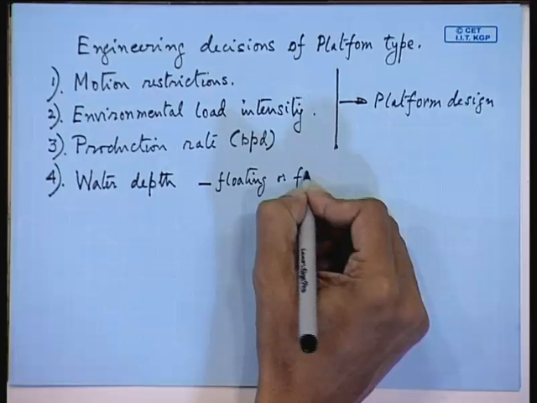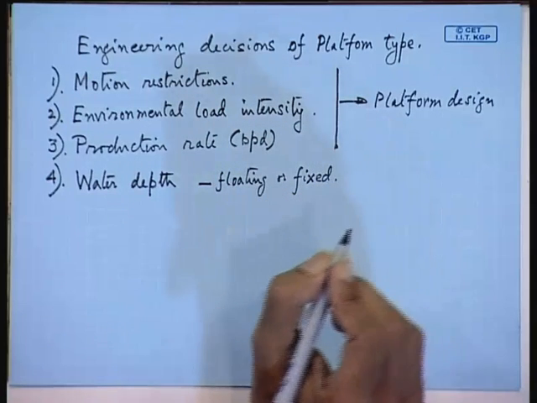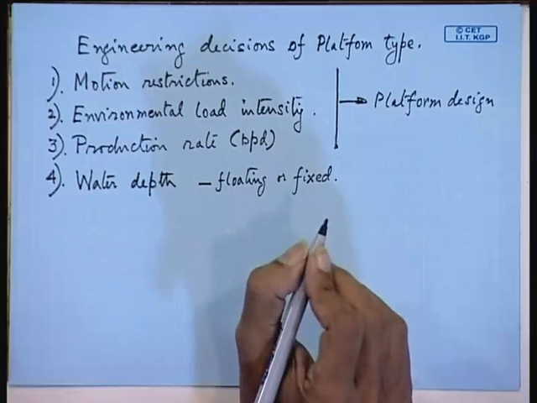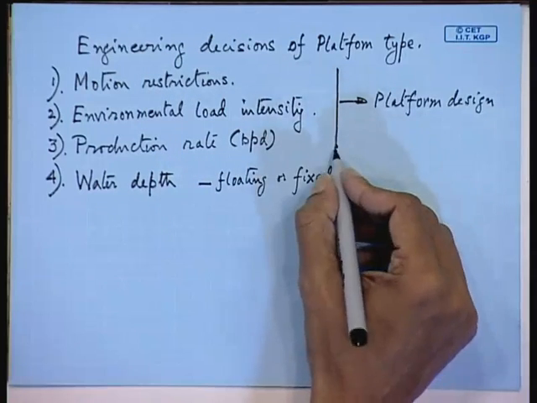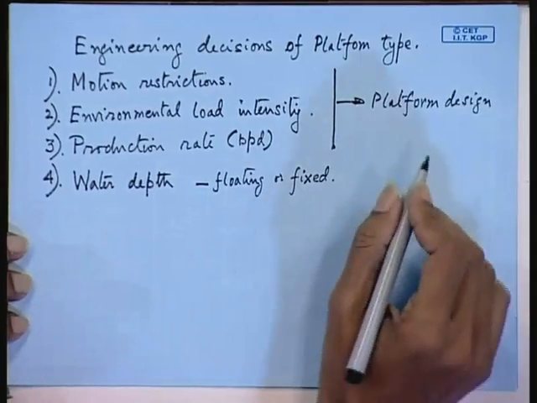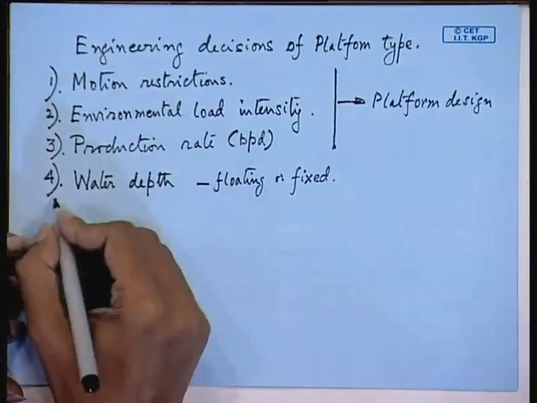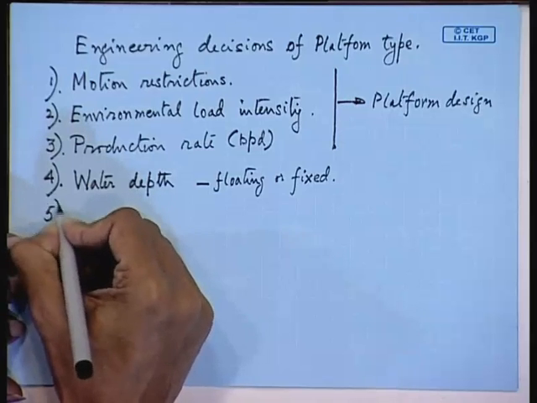Now, actually you will find all this depends on the engineering capability of the contractor. If you do not have expertise in floating platforms, you do not go, because then you will be in soup.